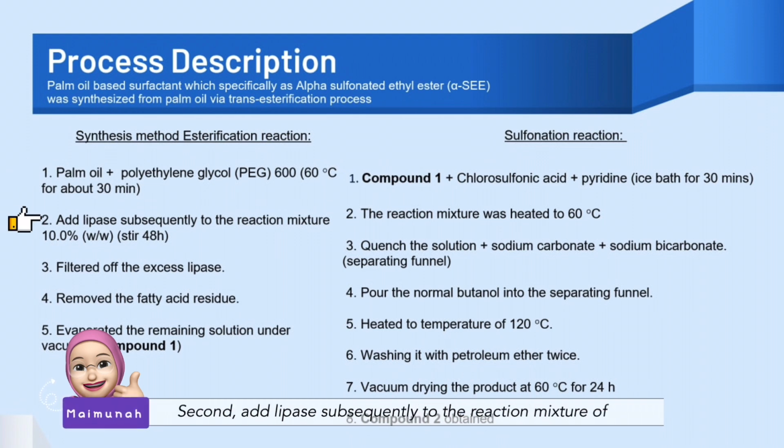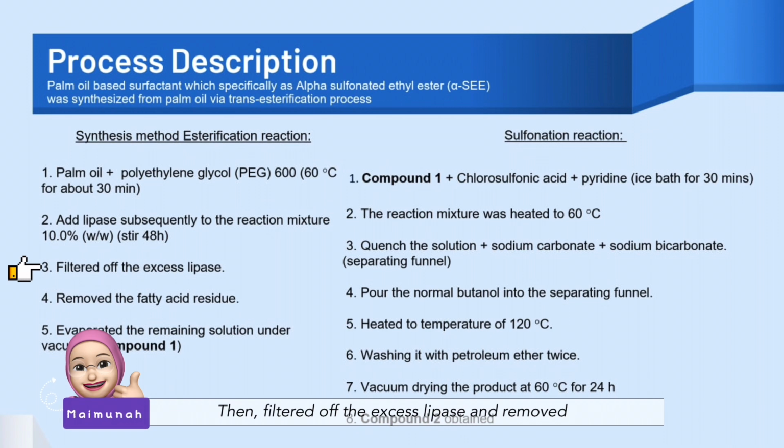Second, add lipase subsequently to the reaction mixture at 10% of starting material and consistently stir the reaction mixture for 48 hours. In between, monitor the progress of the reaction by checking the TLC, which is the thin layer chromatography, in the mixture of petroleum ethyl acetate as a mobile phase.